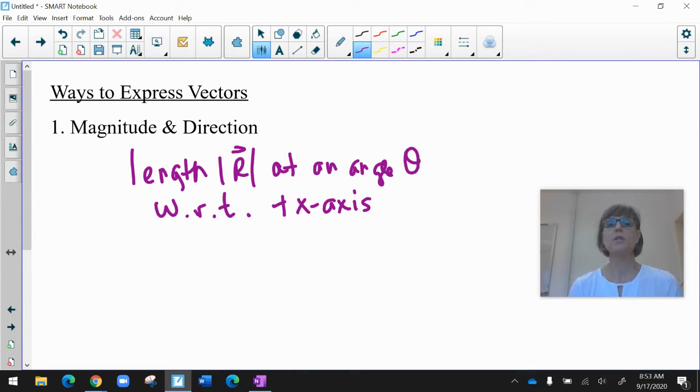So I'm basically just describing what I just drew in the last picture. And remember that WRT is with respect to. So this isn't very exciting, this isn't very different, but the next couple of ways are.